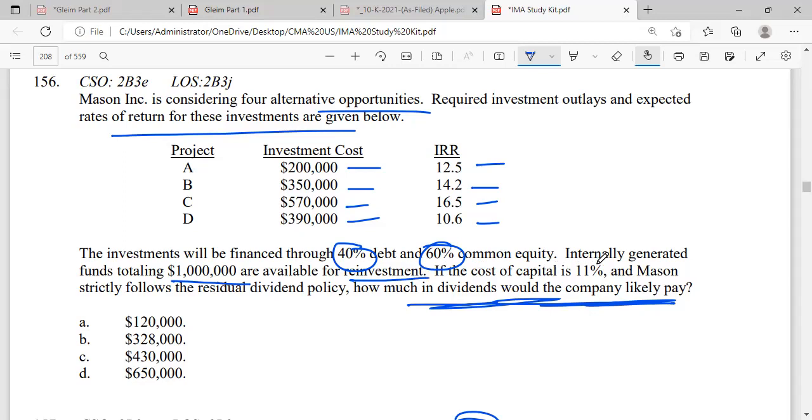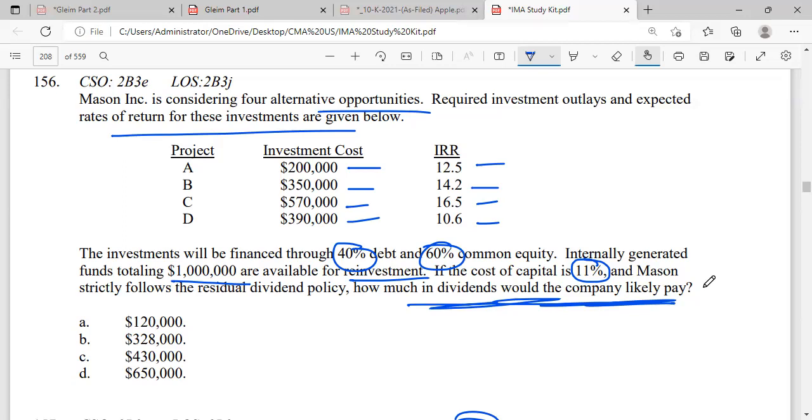If the cost of capital is 11% and Mason strictly follows residual dividend policy. Residual means whatever is remaining at the end, that will be given away. How much in dividends would the company likely pay?